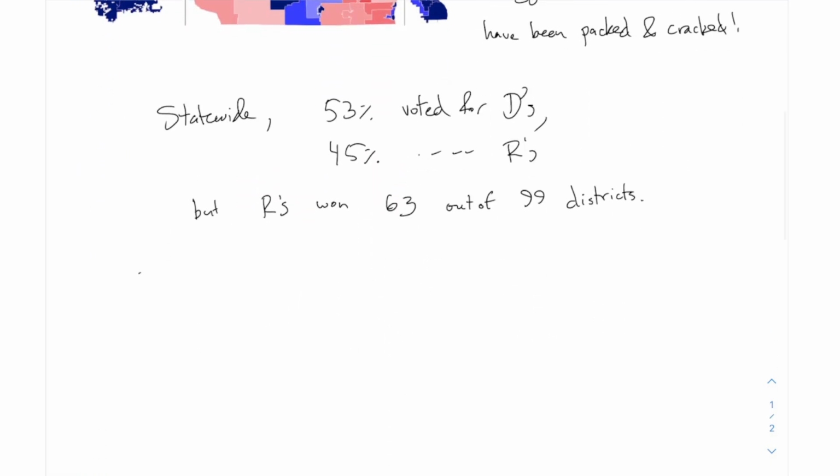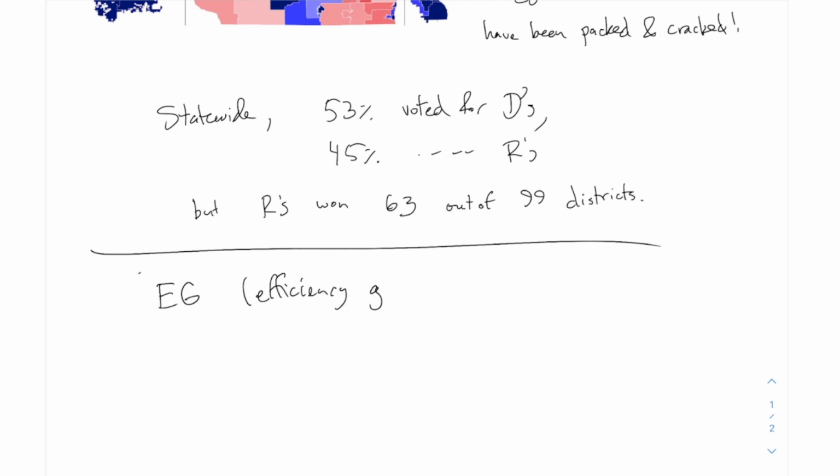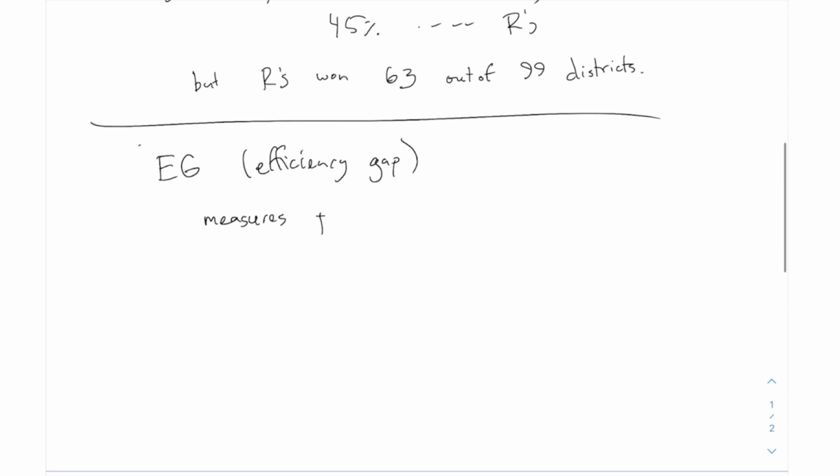The efficiency gap, which I'm going to write as EG, the efficiency gap, I'll write it one more time all the way out. Measures packing. Really, specifically it measures packing. That is the extent to which some districts have just been filled with one party.